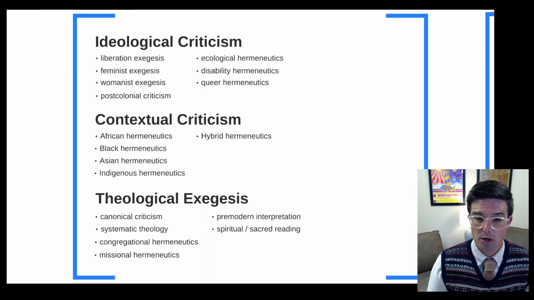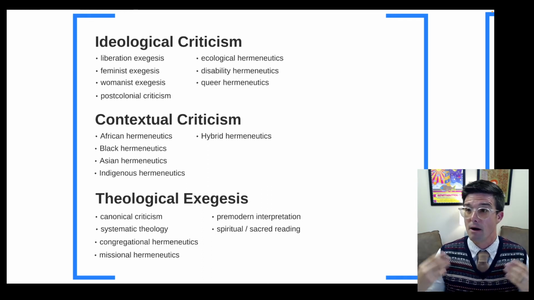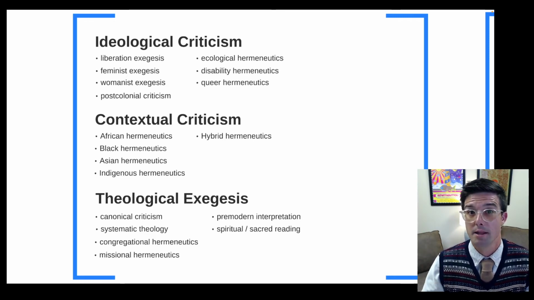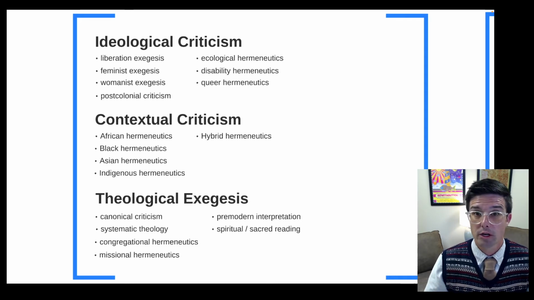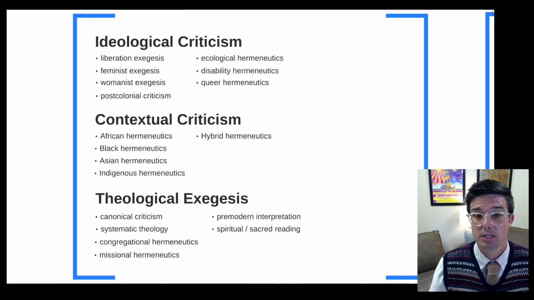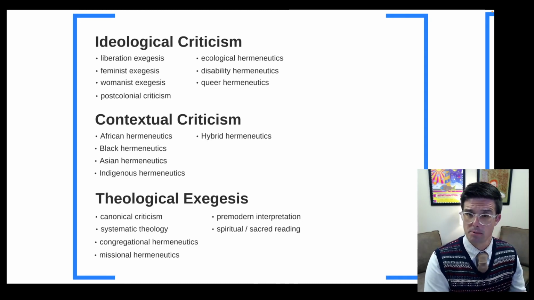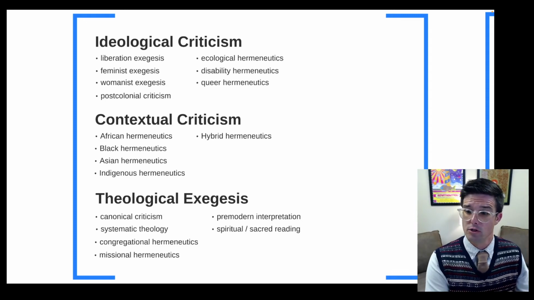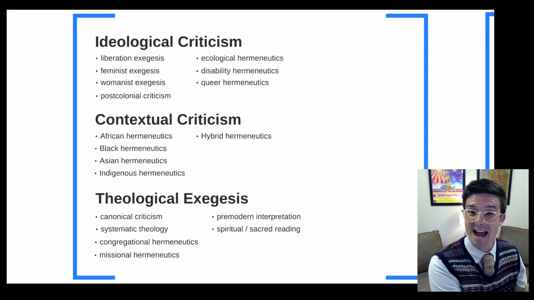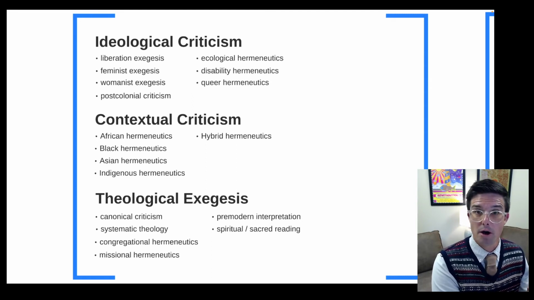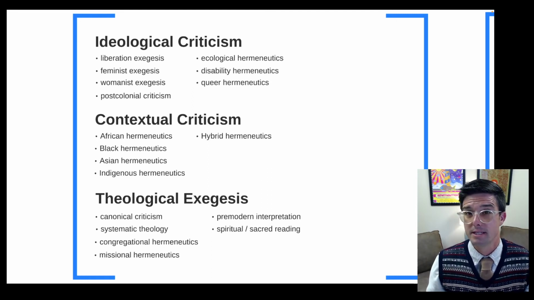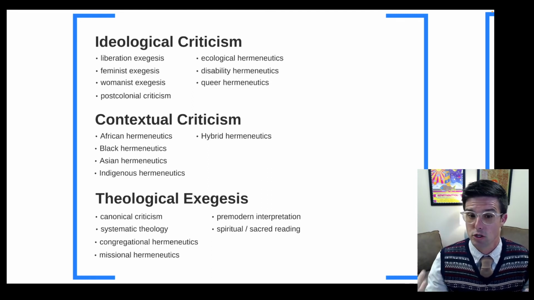Missional hermeneutics is the idea of thinking about the mission of God as a lens by which we approach Scripture. How do we see the mission of God, the Missio Dei, at work within a biblical passage? Pre-modern interpretation is concerned with how theologians and Christians in the past, before the Enlightenment era, were thinking about and receiving the biblical text, and how they were interpreting it.